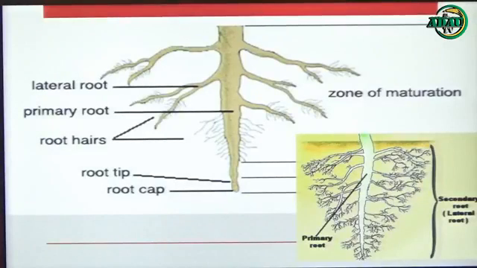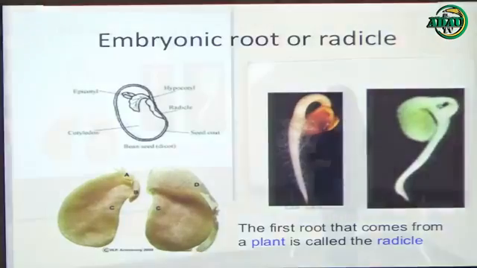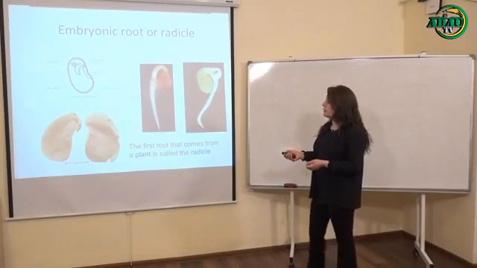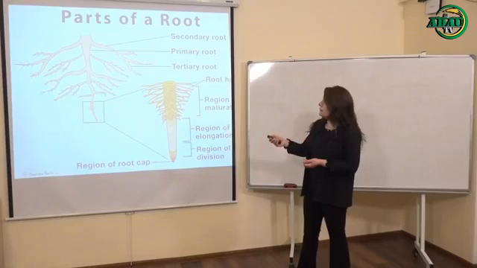There are three types of root: the primary root or main root, lateral root, and adventitious root. The primary or tap root develops from the radicle of the embryo. The first root that comes from the plant is called the radicle. The radicle grows and forms the primary or main root of the root system.